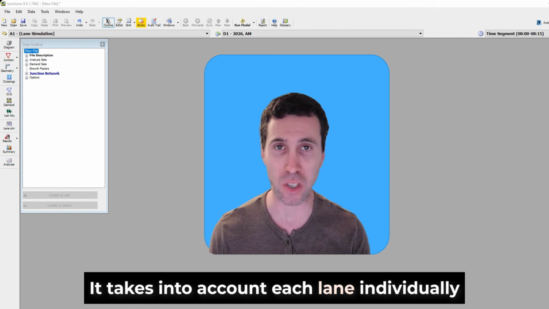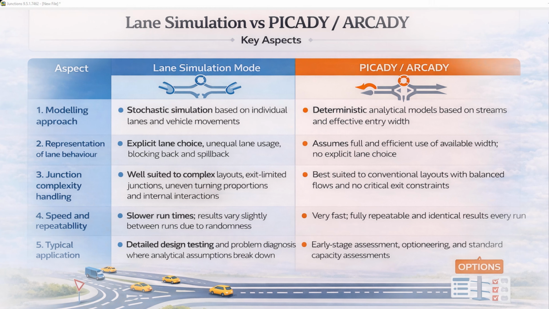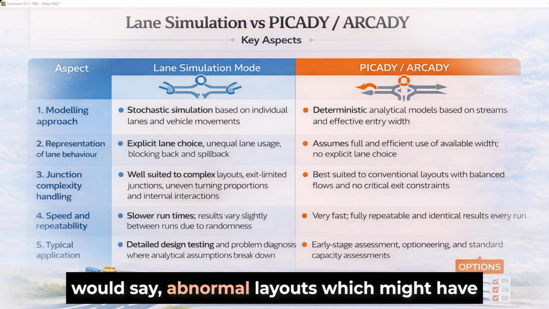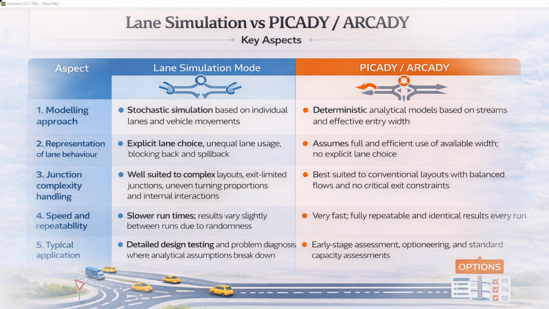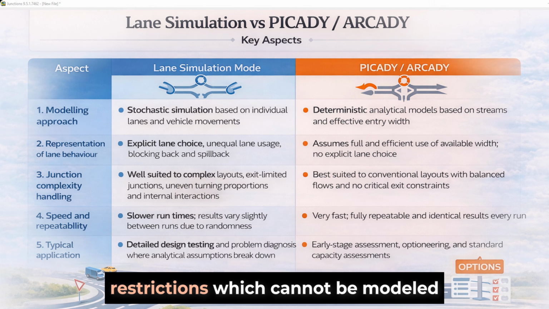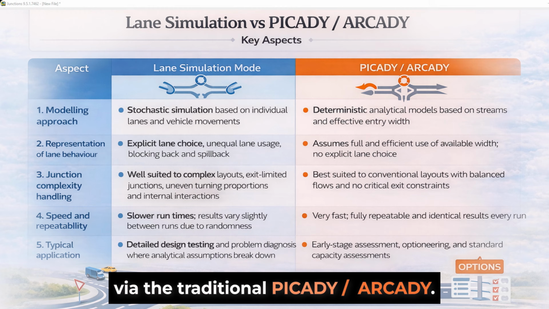It takes into account each lane individually and assumes uneven flow in different lanes. It also takes into account more abnormal layouts, which might have spillbacks, uneven flows, or other restrictions which cannot be modeled via the traditional PICADY ARCADY.